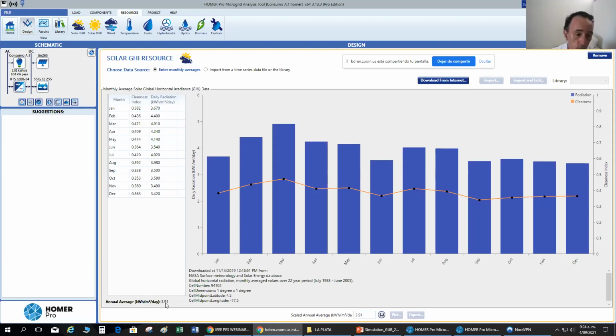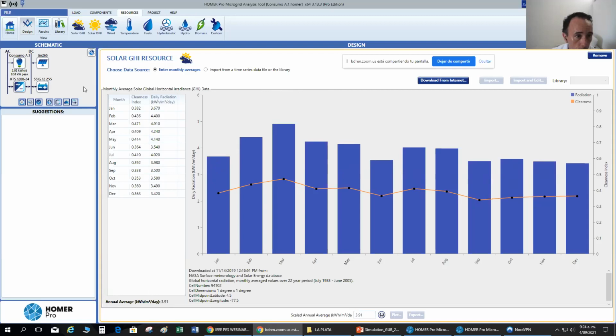Of course, 5 or 6 would be better. But in the Pacific coast, where I'm doing this and showing you this example, it has a lot of rainy season. However, this data is showing us that it has a good average, 3.91.